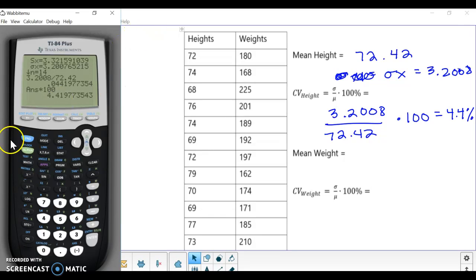Okay, and we're going to do the same thing for the weight. So Stat, Edit, clear what's in there, and enter the weights. Be careful how you enter them in.